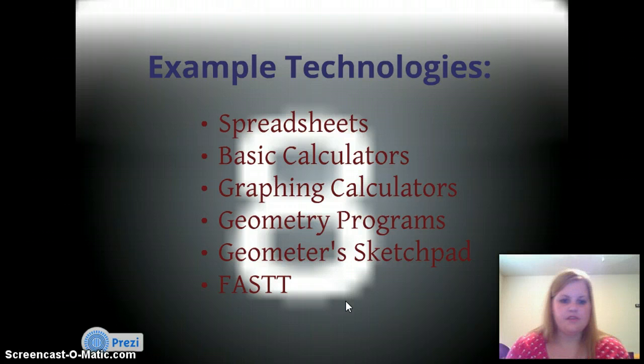There's also FAST with 2 T's, which stands for Fluency and Automaticity through Teaching and Technology. It can be used for students with special needs who may or may not be very good at basic facts. It's kind of like drill and practice software, but it's not drilling.